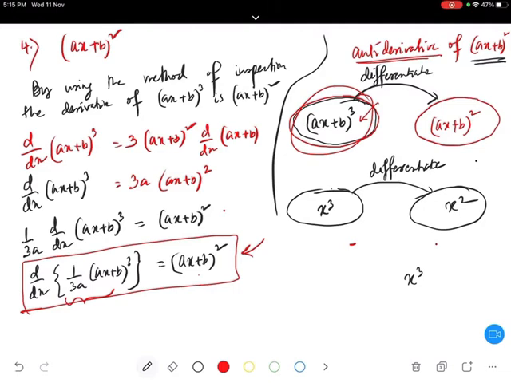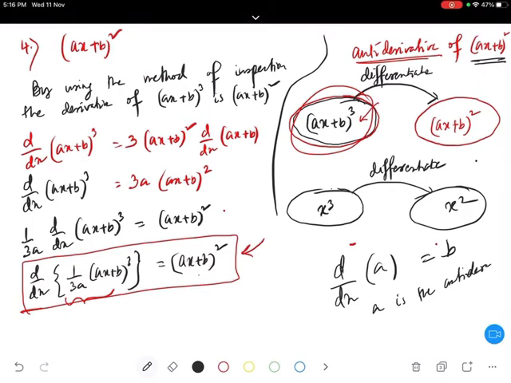So if differentiating this gives that, now look very carefully. Suppose if I differentiate a, I get b. Then the antiderivative of b is a. Just like b is the derivative of a, a is the antiderivative of b.